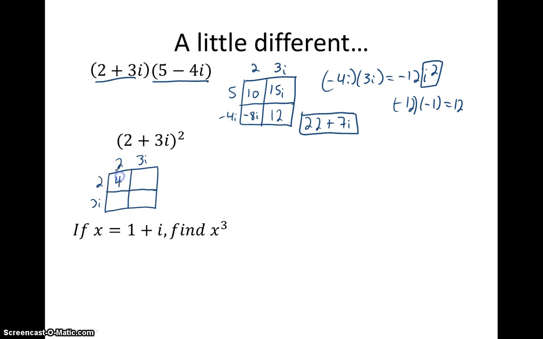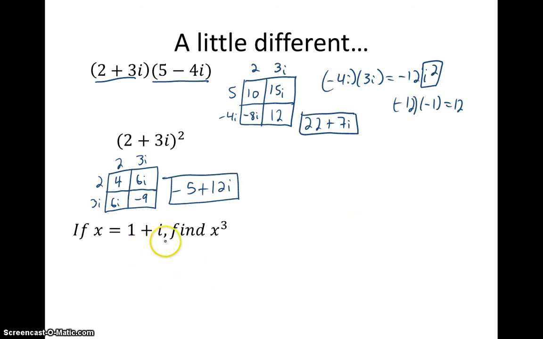So we get 4. 2 times 3i is 6i. 2 times 3i will get 6i again. Now 3i times 3i is 9i squared. And i squared is negative 1, so we'll have a negative 9 in here. So let's find our real part here. It's going to be 4 minus 9, which is negative 5. Then 6i plus 6i is plus 12i. And there it is in a plus bi form.